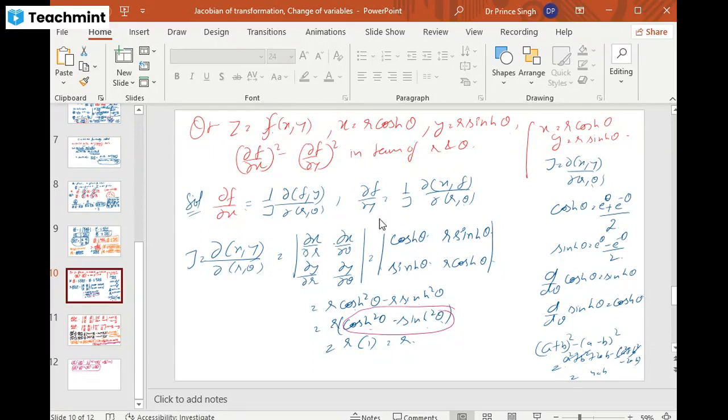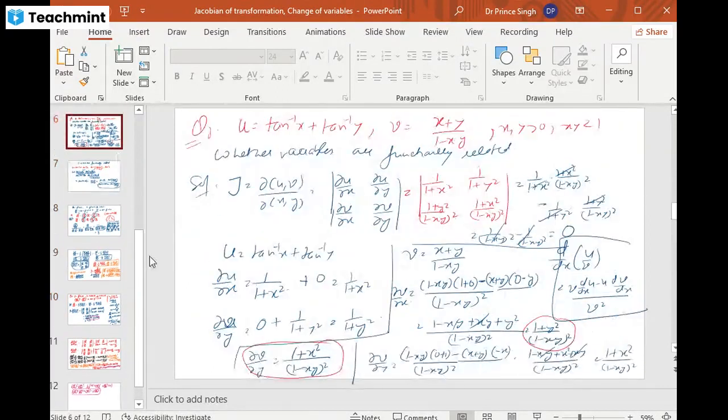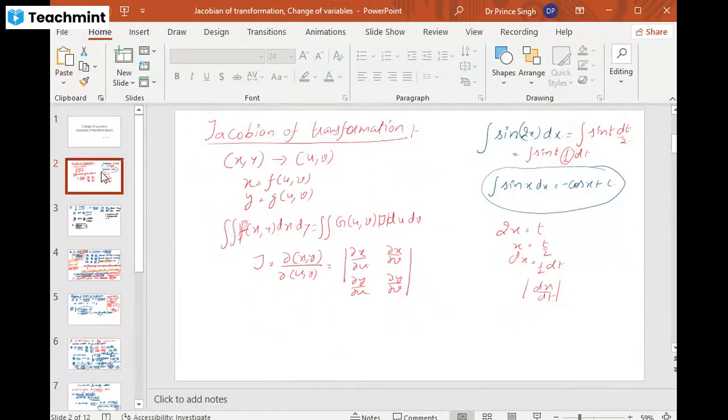This kind of problem is where we actually use the concept of change of variable. I hope it is clear to you how we calculate the Jacobian of transformation of a function, what its application is, and how we use it to solve the problem of change of variable.